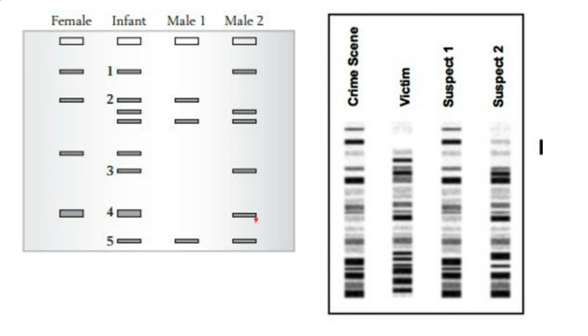Again, each of these represents different bits of DNA that were cut, and the longer they go, the smaller they were. But we can make comparisons here. If we take a look at male 1, that's there, that's there, that's there. So there are some that are the same, right? We take a look at male 2, this one matches up. Same with mom. This one, male 2 does not have, but mom has it.